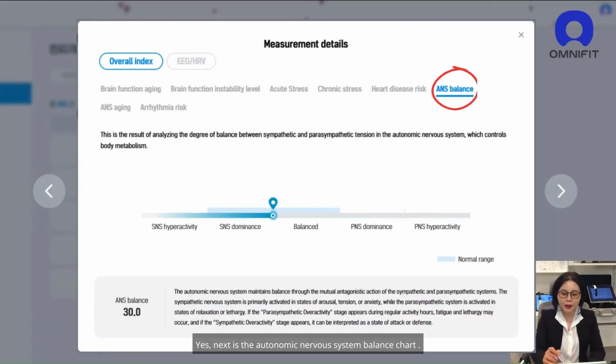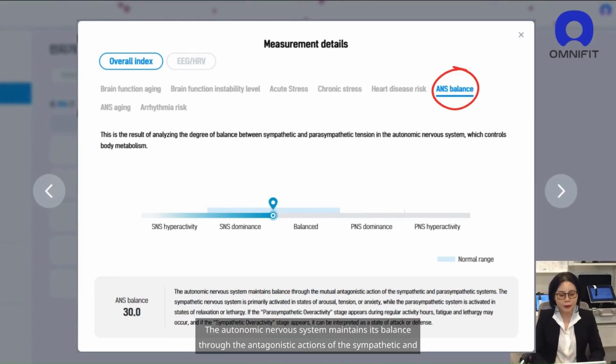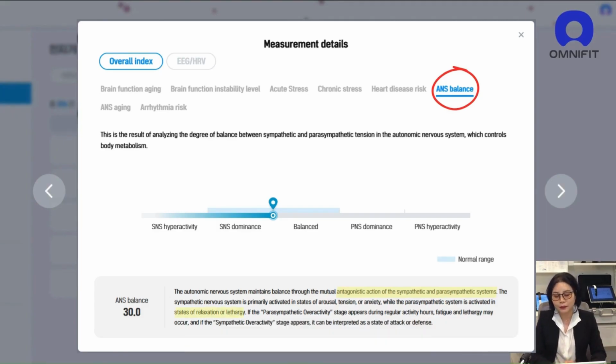Next is the autonomic nervous system balance chart. The autonomic nervous system maintains its balance through the antagonistic actions of the sympathetic and parasympathetic nerves, which try to keep each other in check. However, when we are in a state of arousal, tension, anxiety, restlessness, or under severe stress, the sympathetic nervous system tends to become more active.